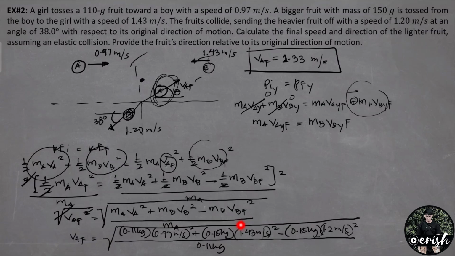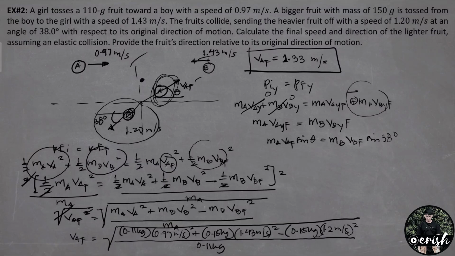So, expand na natin yung equations, mass of A times the velocity of A final na to, y as sine, hindi natin alam yung angle ng fruit A kasi yun yung hinahanap natin. So, this is sine theta na lang, equals mass of B, velocity of B final, sine, we have 38 degrees. Ito yan.